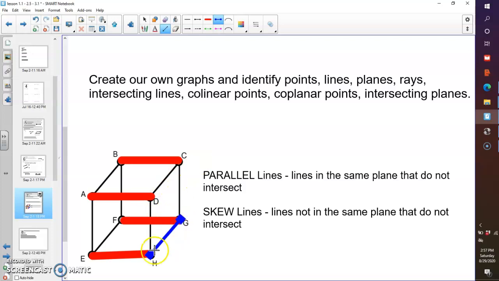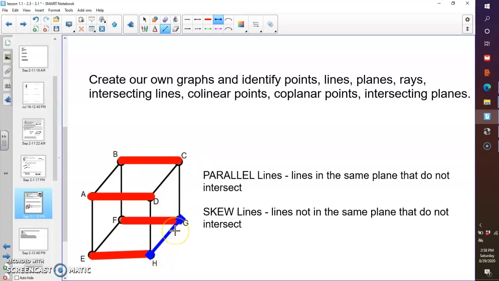And the reason why we give them a different name is while they don't look parallel, that's not good enough to give another name. The key point here is they're also not on the same plane. GH is on GCDH. BC is in BCDA or BCGF or BCHE. They certainly don't share a plane.